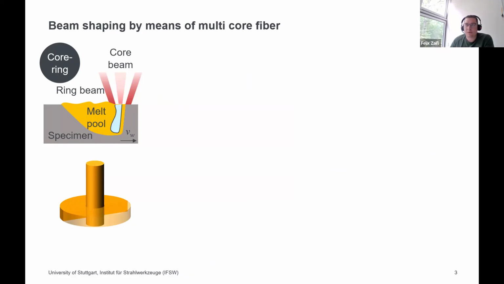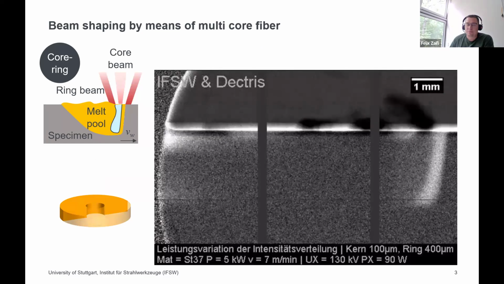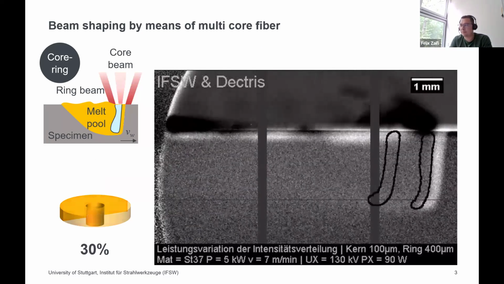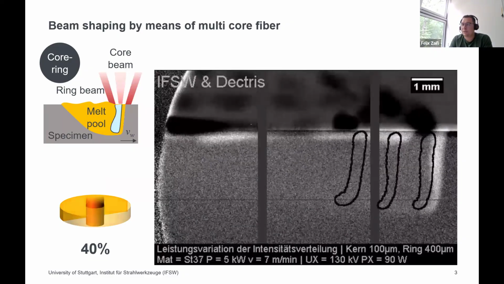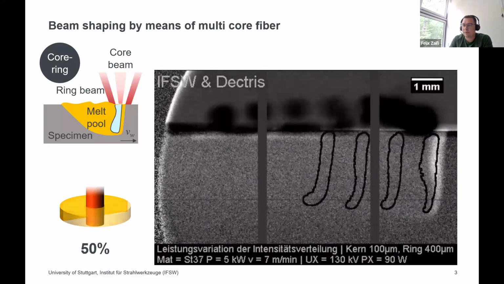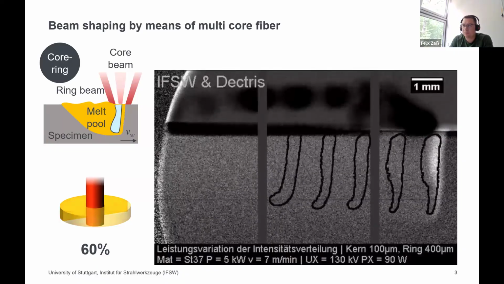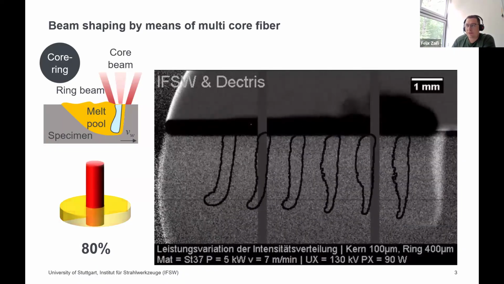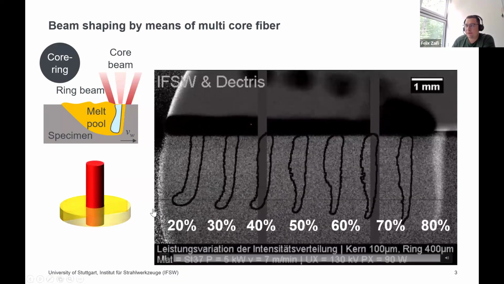So here with the well-known core ring systems on the market, we can see the influence of such systems on the shape of the capillary. Here different core ring power distributions are displayed with the shape of the capillary.